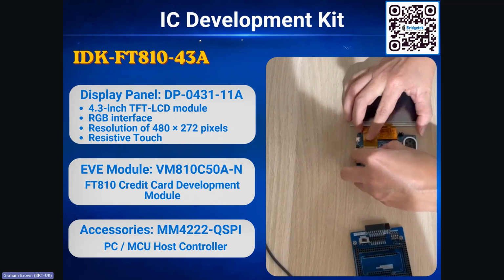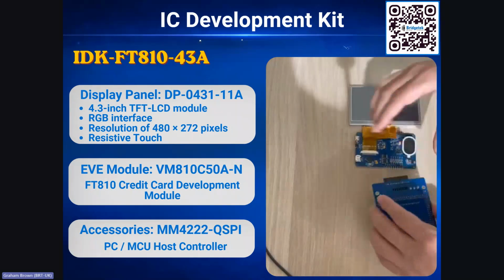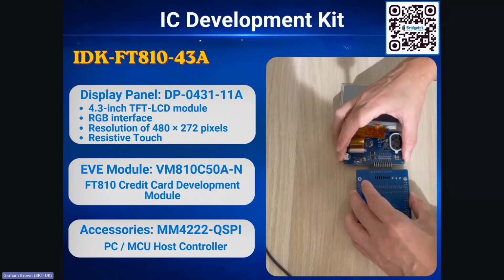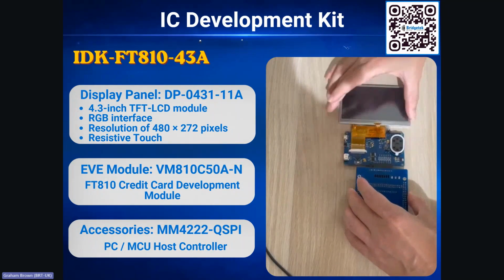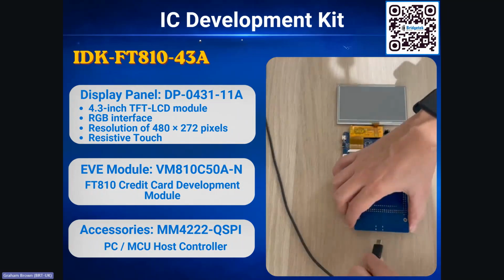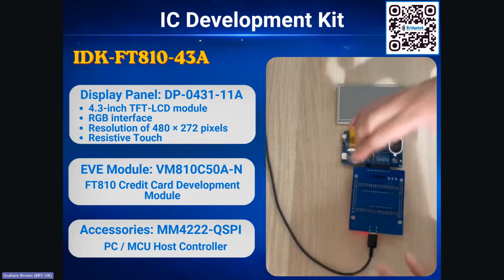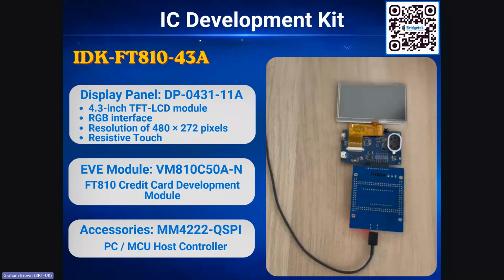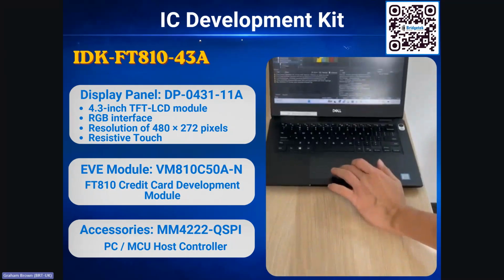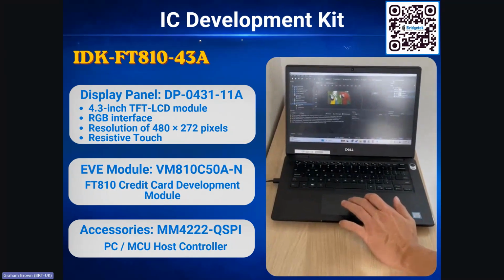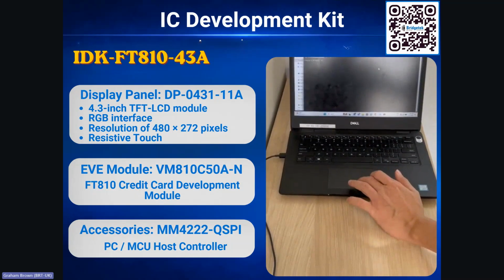It comes paired with a crisp 4.3-inch TFT LCD, complete with resistive touch so you can interact with your designs right away. And to make connectivity effortless, we have bundled the MM4222 QSPI interface board, giving you a direct USB to QSPI link from your PC.